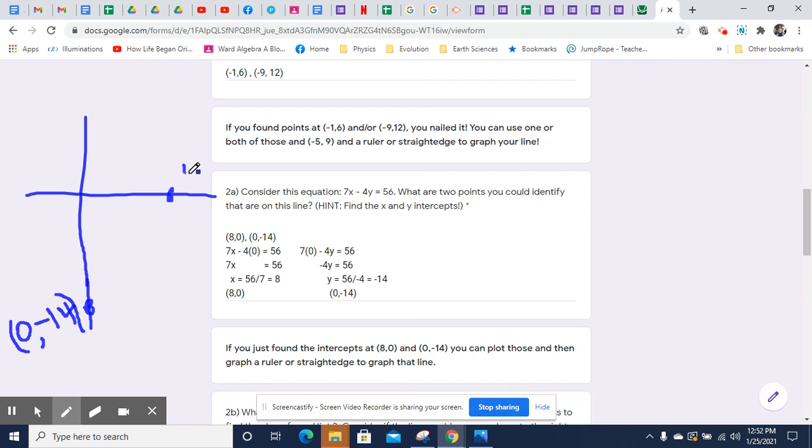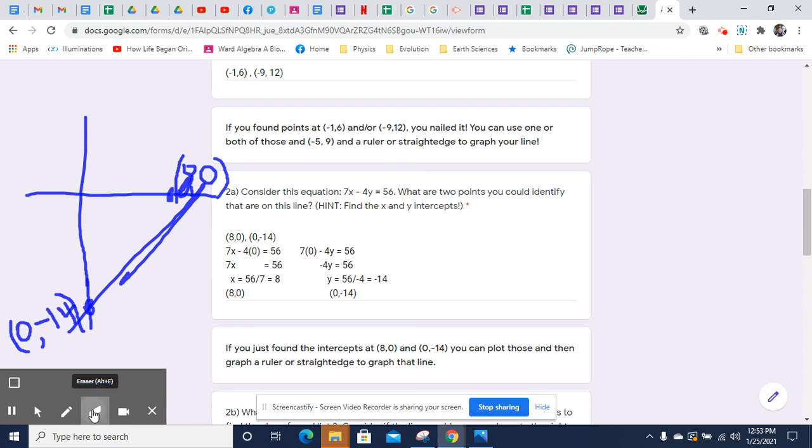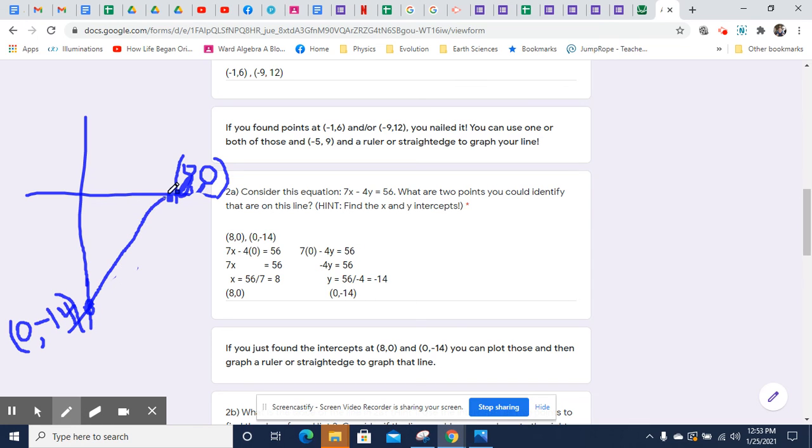And this is 8, 0. Okay, if I were to draw a line between these 2 points, you probably already see it's going to go up to the right.